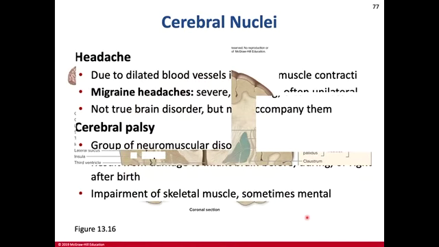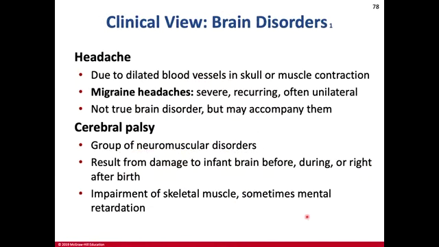Okay, headaches can be due to dilated blood vessels in the skull or due to muscle contraction that constricts blood vessels. A migraine headache is a severe recurring unilateral pain. It's not a true brain disorder, but can accompany a brain disorder.